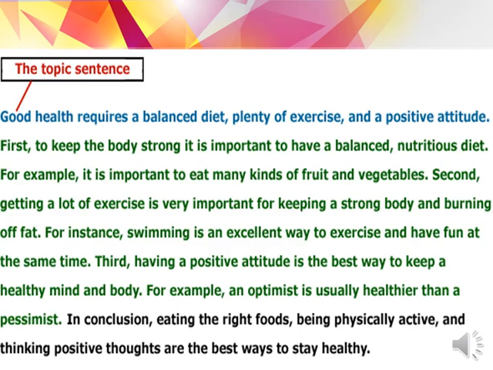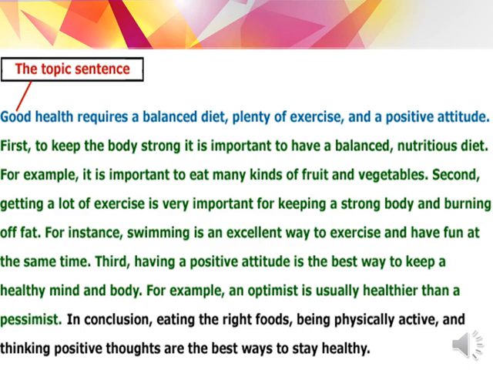You see, in your topic sentence, you talked about three things that lead to good health. Like what? Balanced diet, plenty of exercise, and positive attitude. What do you think will happen in the supporting sentence? We will explain everything about these three things only. If you explain anything else not mentioned in the topic sentence, then it will be irrelevant.